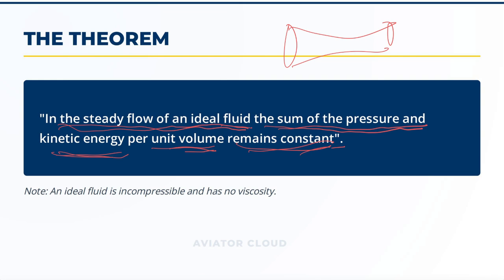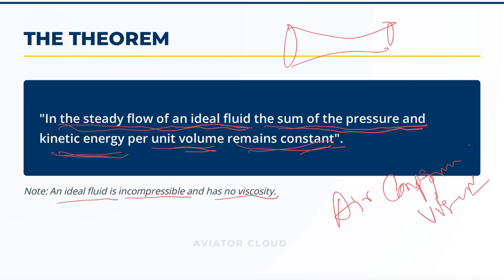What does it mean? Before that, what is an ideal fluid? It is incompressible and has no viscosity. Generally, a normal fluid or air is compressible. We know air is physically compressible, and it has some viscosity, right? But for our understanding, we take air as incompressible.